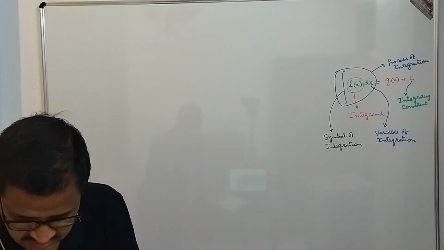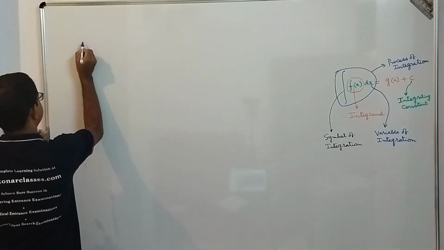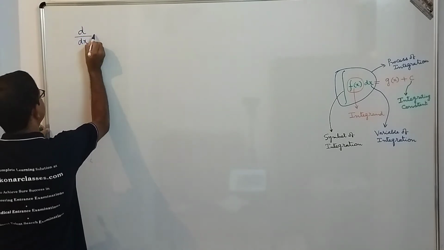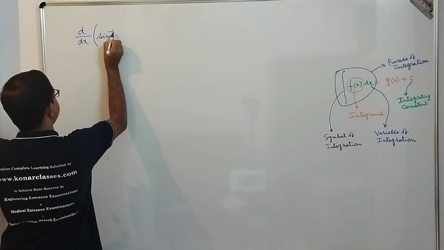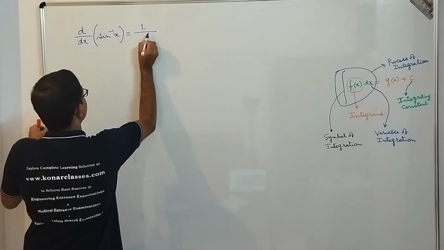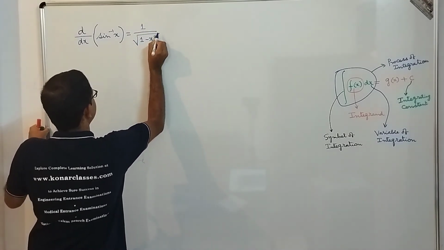So let me write it down here. So d/dx of sin inverse x is equal to 1 by square root of 1 minus x square.